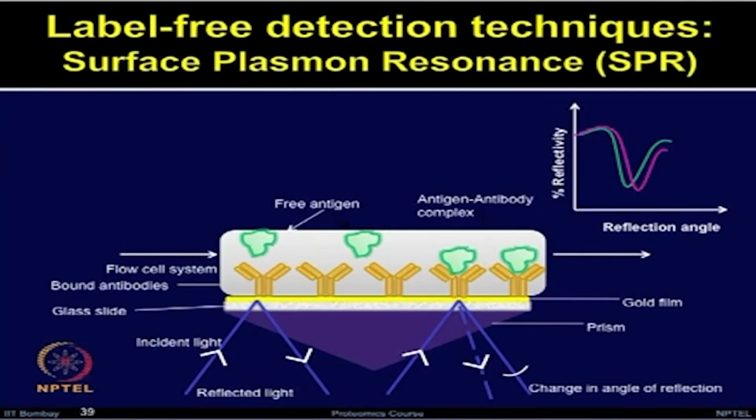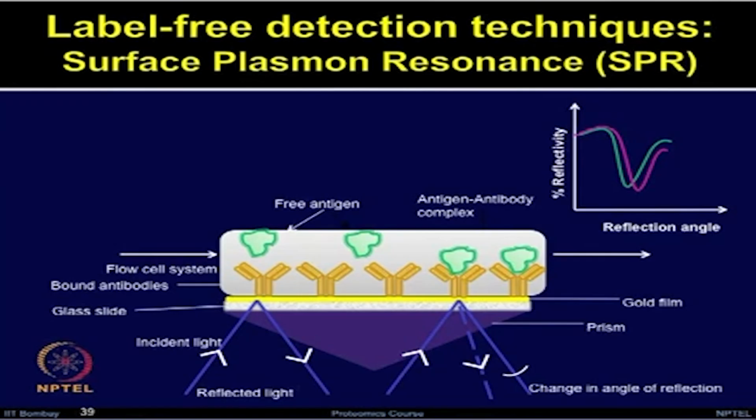Very briefly, let us look at the label-free detection techniques, which include surface plasmon resonance or SPR. The label-free detection methods monitor inherent properties of the molecule itself and overcome many limitations of traditional label-based methodology.